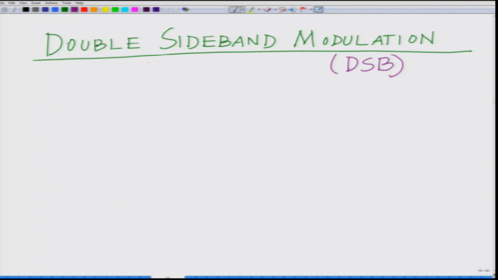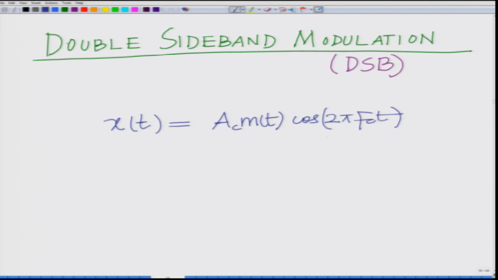Okay. In the double sideband modulation scheme, the modulated signal x(t) is described as follows: x(t) equals A_c m(t) cosine 2 pi f_c t.